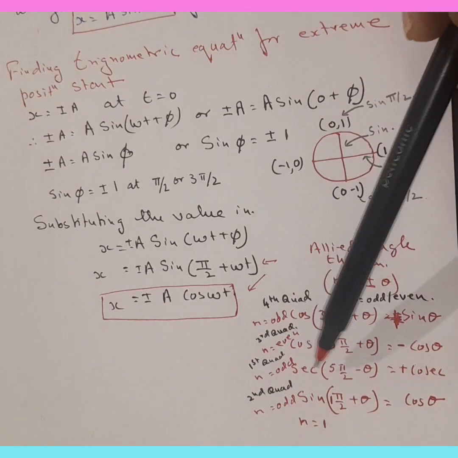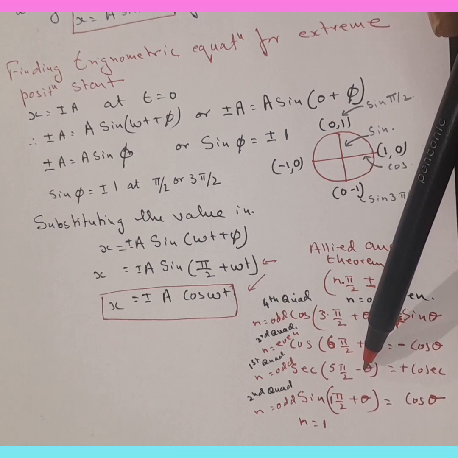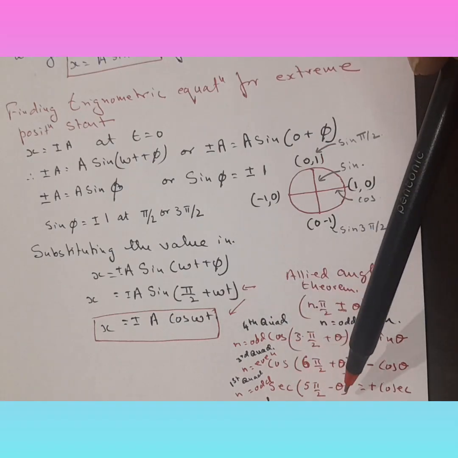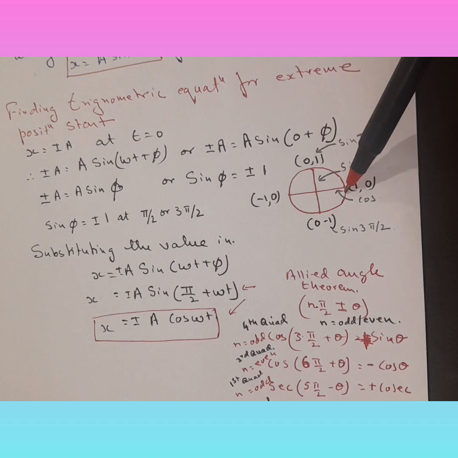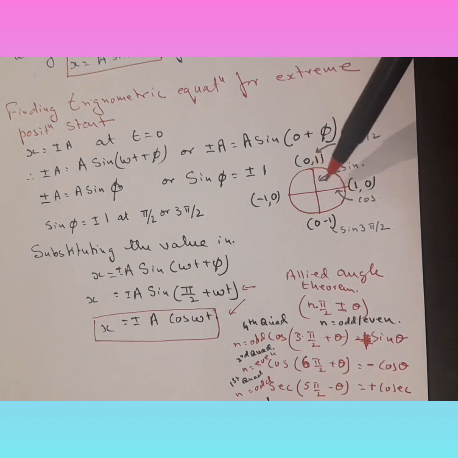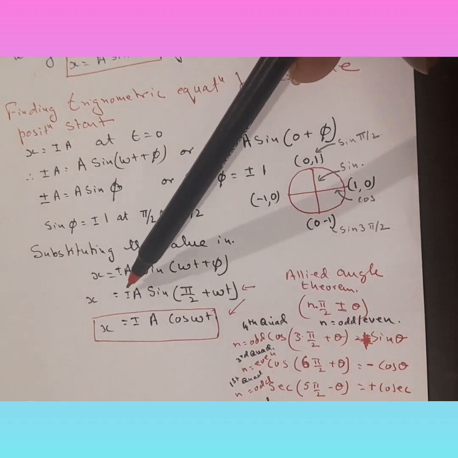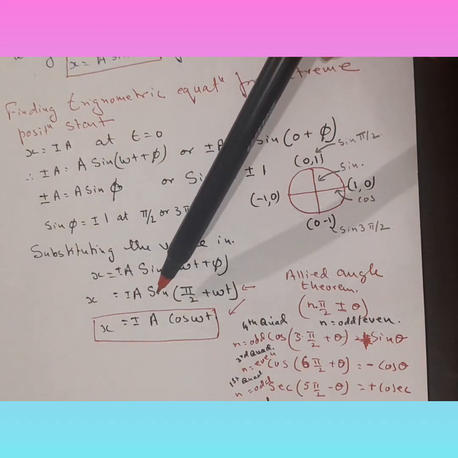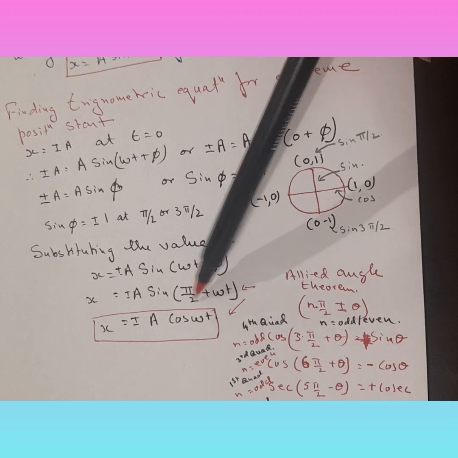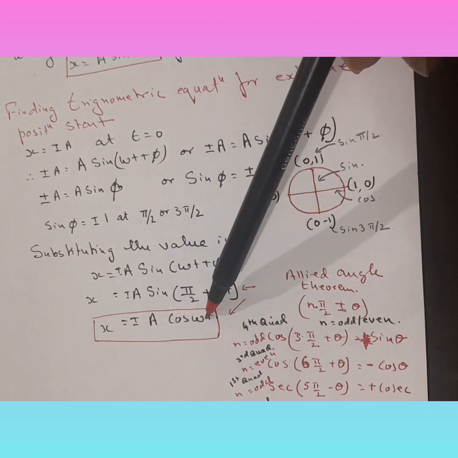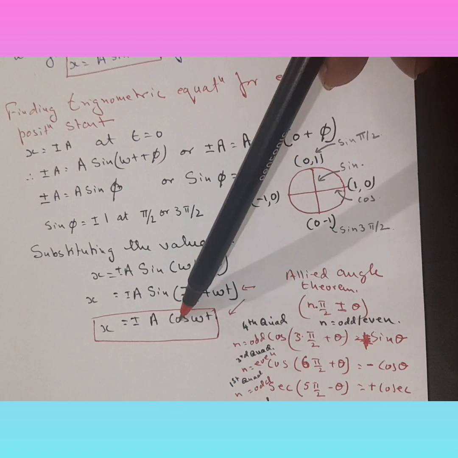Then if we take sec(5 pi by 2 minus theta), this is 4, this is 5, minus theta comes in the first quadrant, where sec is positive because sec is 1 over cos and cos is positive, so it would be positive cosec. Anyway, here it is plus or minus, both are there, so plus or minus a sine(pi by 2 plus omega t) changes to cos omega t, so it is plus or minus a cos omega t.